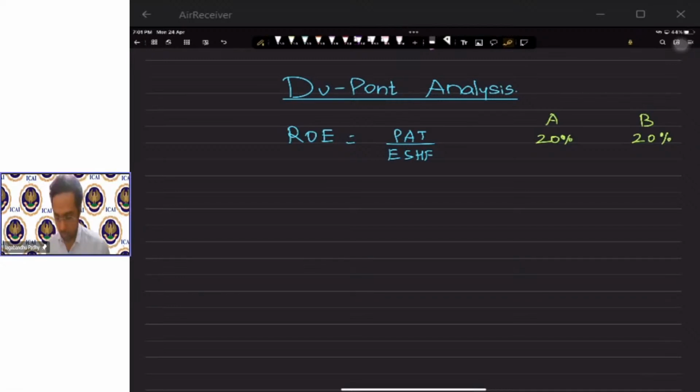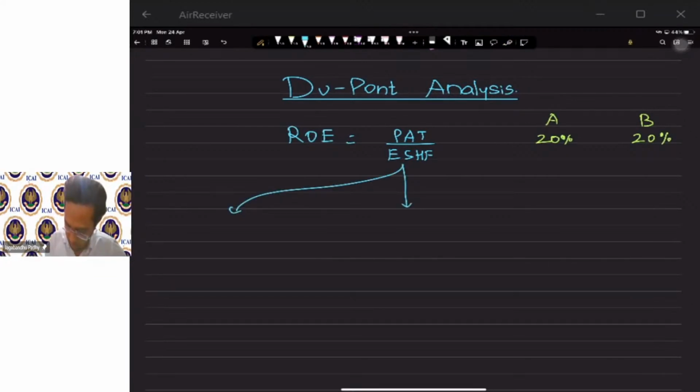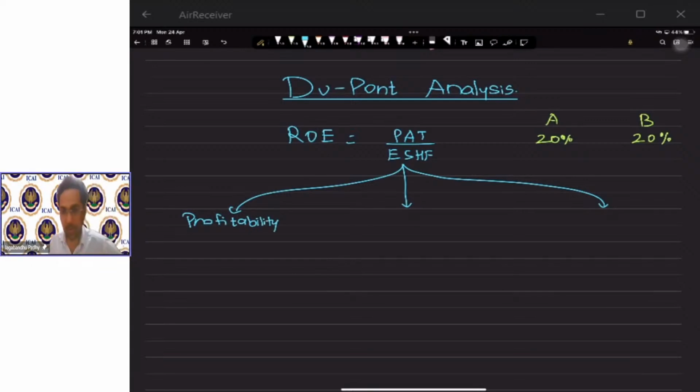So for that, what Dupont analysis does is it actually breaks this ratio into three parts. One is the profitability ratio. Second is the turnover ratio.